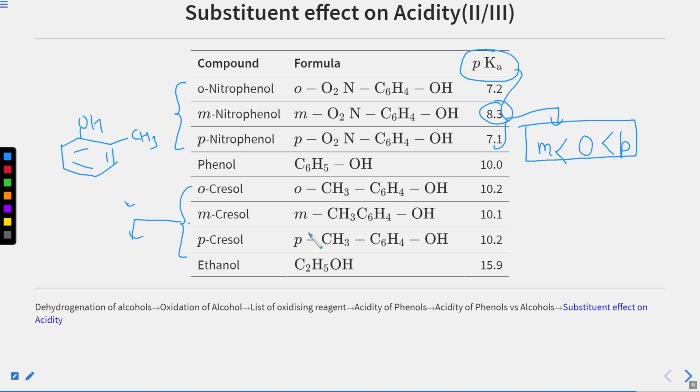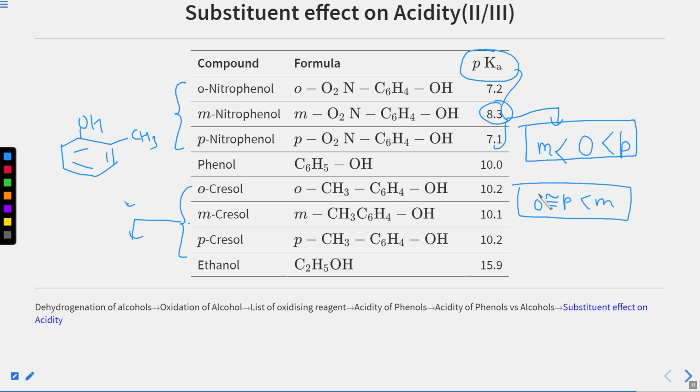Now, out of these three, you can see that ortho and para have almost the same pK. We have not kept the value after this decimal, so we have only moved to the first figure. According to this first figure, it is obvious that ortho and para are almost equally acidic, but meta is more acidic as compared to both of these.